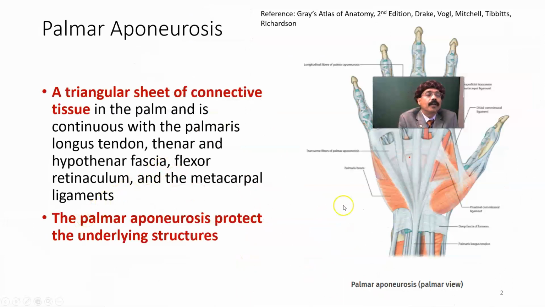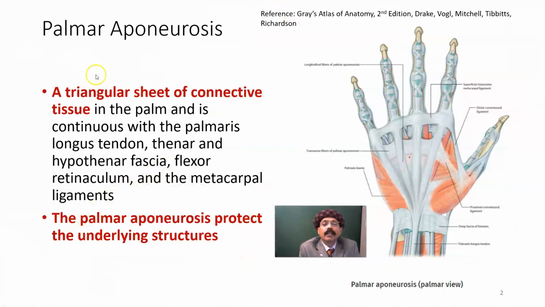Now we'll go to the palmar aponeurosis. The palmar aponeurosis is located under the skin, a triangular sheet of connective tissue in the palm, and is continuous with the palmaris longus tendon. This is the palmaris longus tendon, one of the flexor tendons. We have thenar and hypothenar fascia over the thenar and hypothenar muscles.